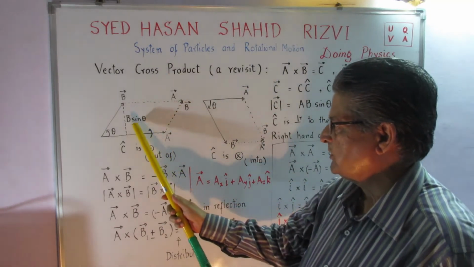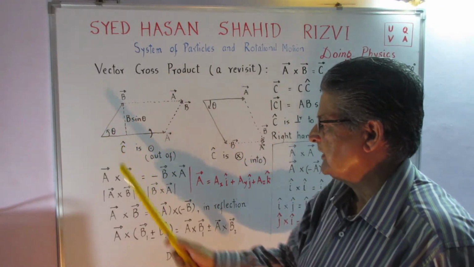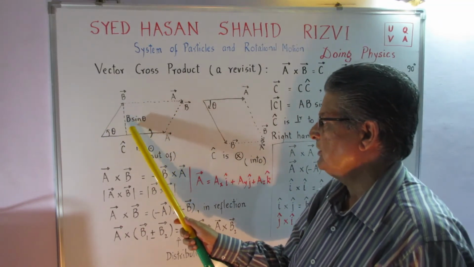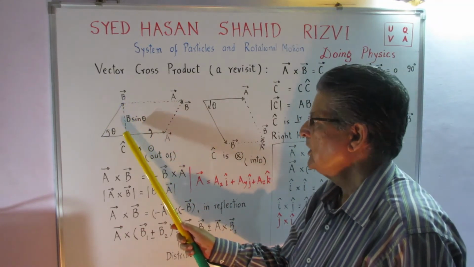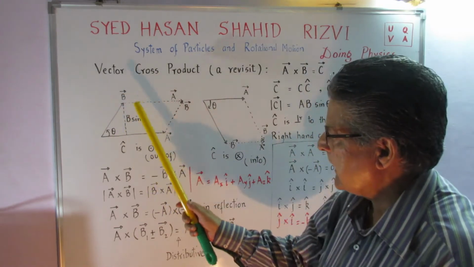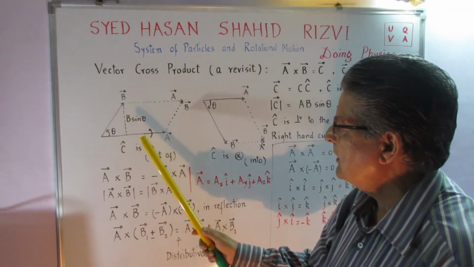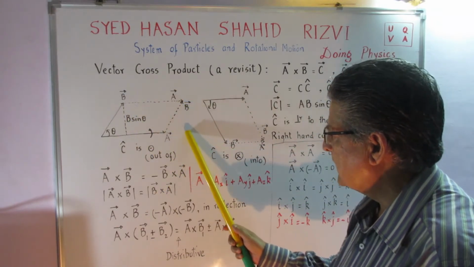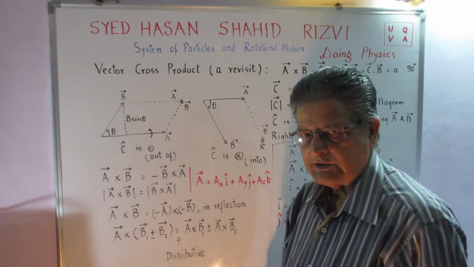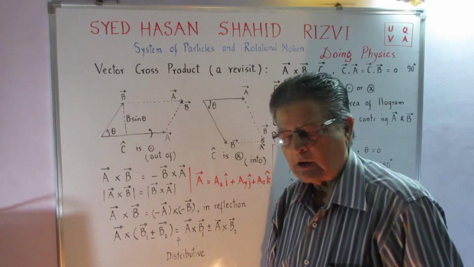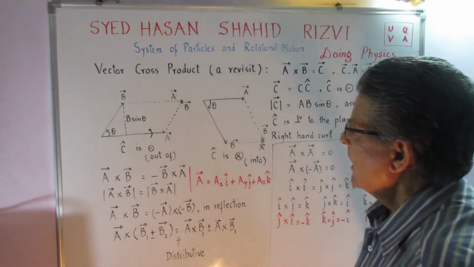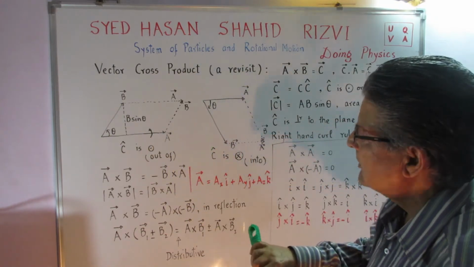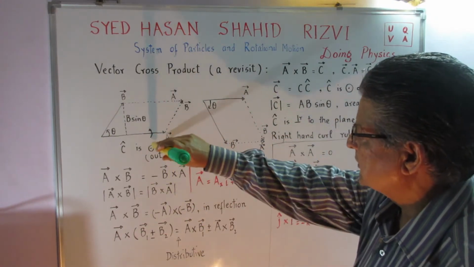In this case you can see that the angle theta is a positive angle, and B sine theta is like this. So A, the magnitude here, multiplied by B sine theta will give you a rectangle over here, and that is the area of the parallelogram. So C cap is out of the board in this case.